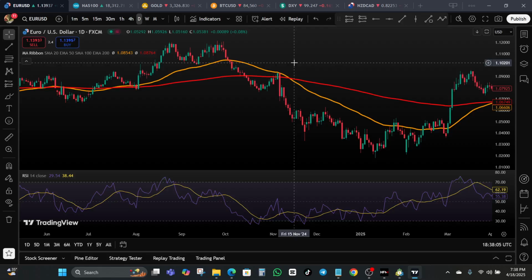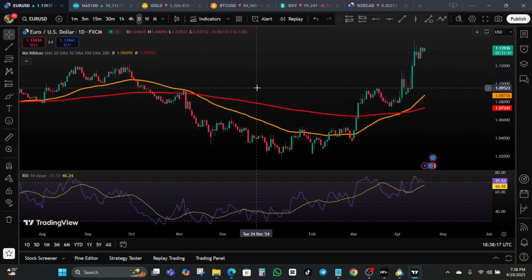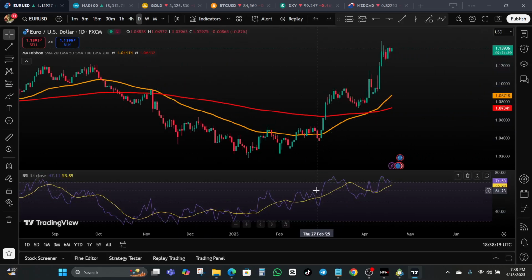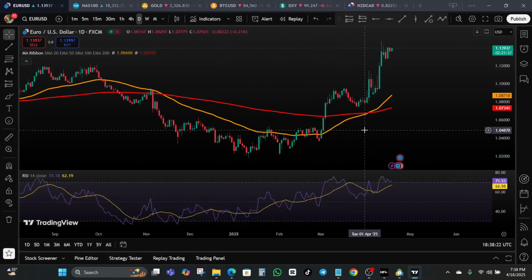Now, one indicator alone does not tell the full story. Here's how to combine them. You can decide to use moving averages to define trend direction. Then maybe you can use your RSI, the relative strength index, to confirm momentum strength. For example, you have a bullish crossover, and you have the RSI above the 50 level trending upwards. That shows bullish momentum.